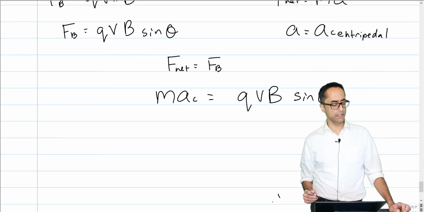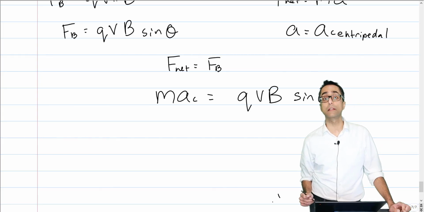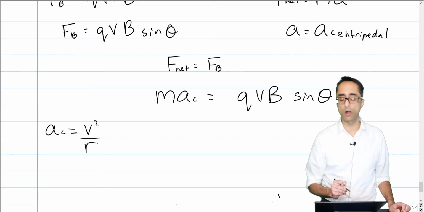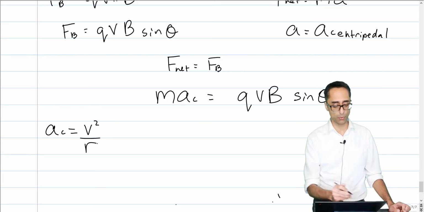Does anyone remember the equation for centripetal acceleration? It's been a little while, but it is a very memorable v squared over r. Okay, interesting. Let's throw that in there.